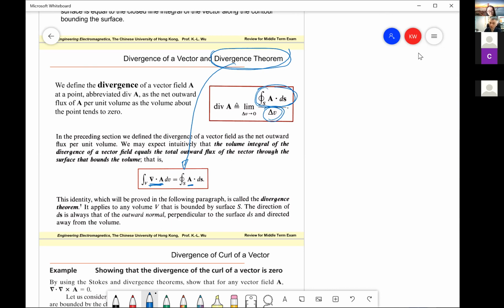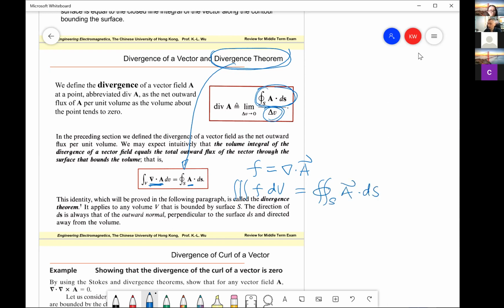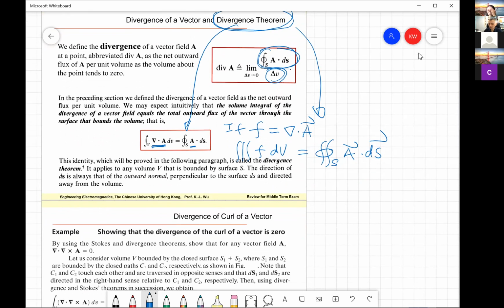If this function f can be represented by a divergence of A, because divergence of a vector is a scalar function, right? Then this volume integration will become calculating this flux density. This is what the divergence theorem says. Divergence theorem.